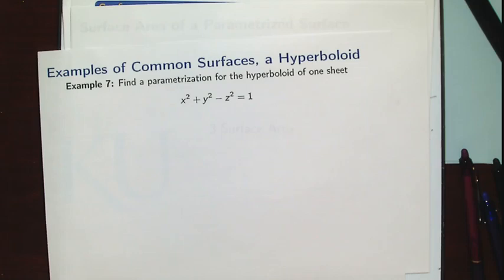If you have a little area over here, delta u times delta v, then delta u times G sub u gives you the stretched out vector. Delta v times G sub v gives you the stretched out vector in the other direction.